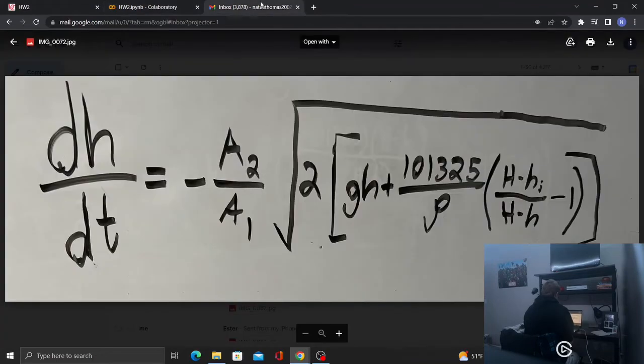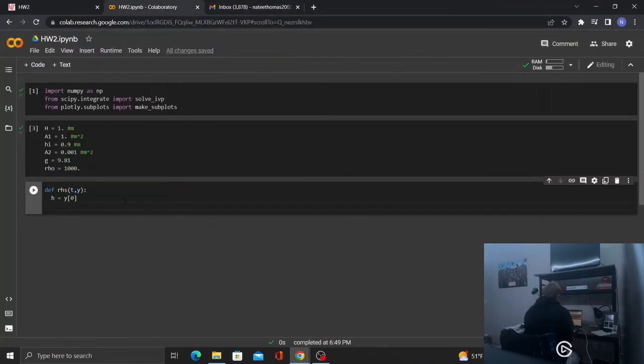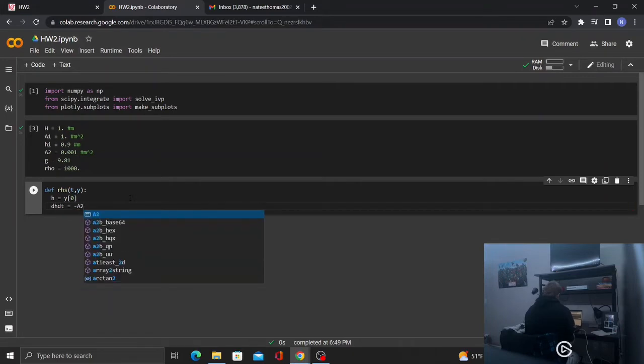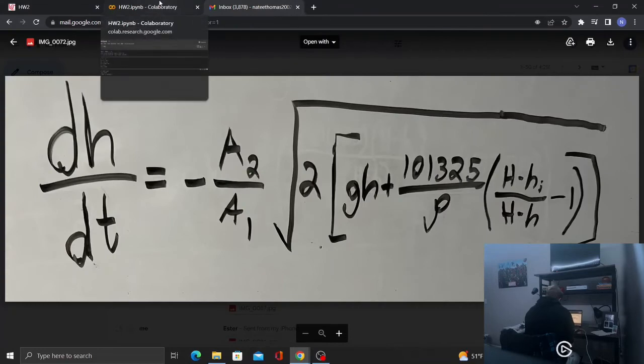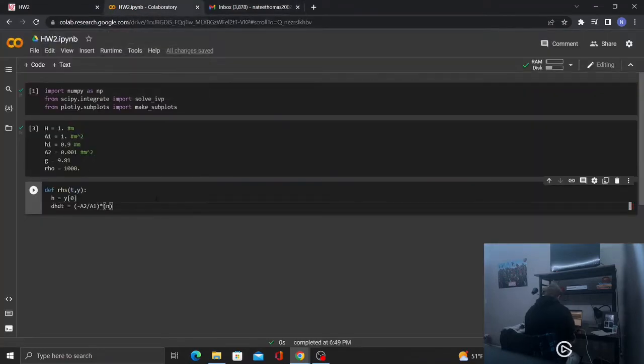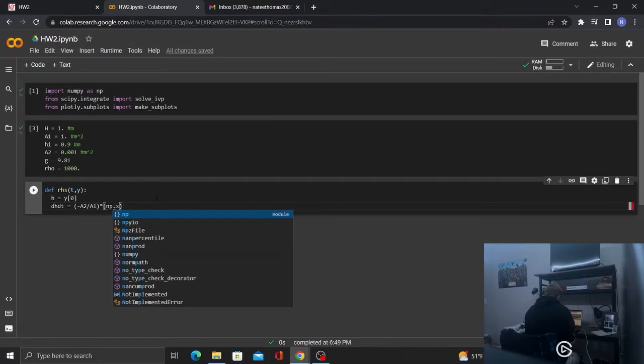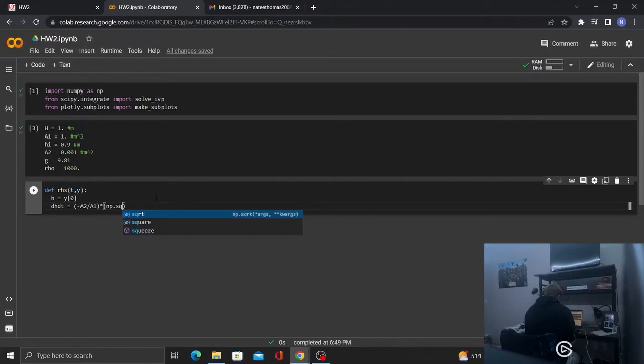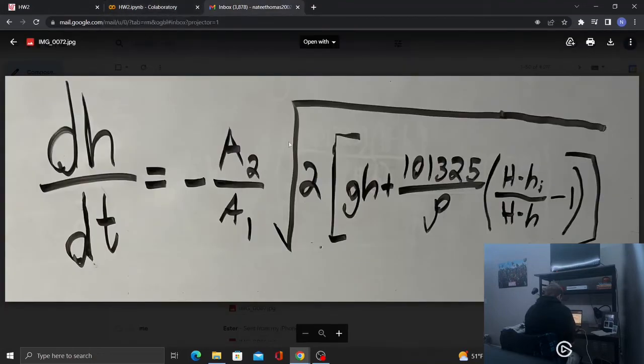And then now what we can do is we will type in this function here, which we will call dHdt, and it will equal negative A2 over A1 times the square root, which again is going to be np.sqrt. And it will be a square root of this whole thing here.